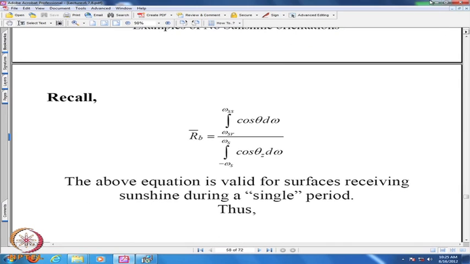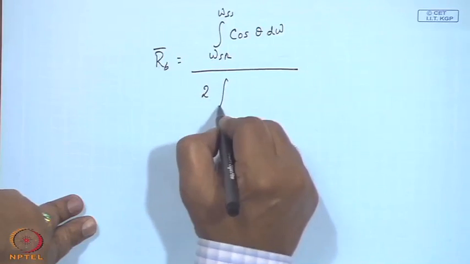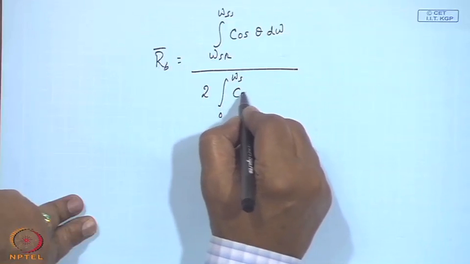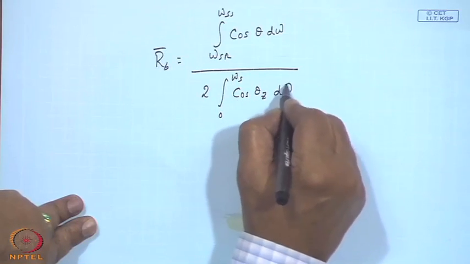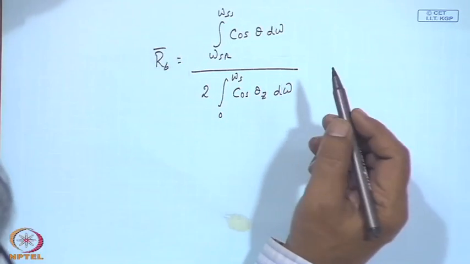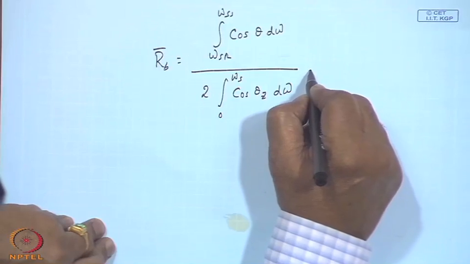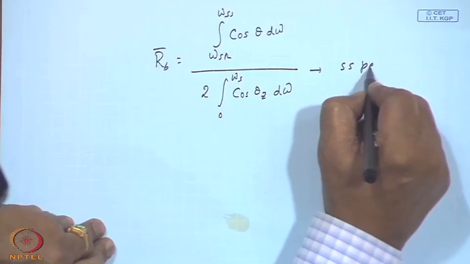So, once again I will recall your equation for the R_b bar as the integral from omega_sr to omega_ss of cos theta d omega, over the integral from minus omega_s to plus omega_s of cos theta_z d omega, which is twice the integral from 0 to omega_s, because it is a symmetric function. This is true for a single sunshine period.